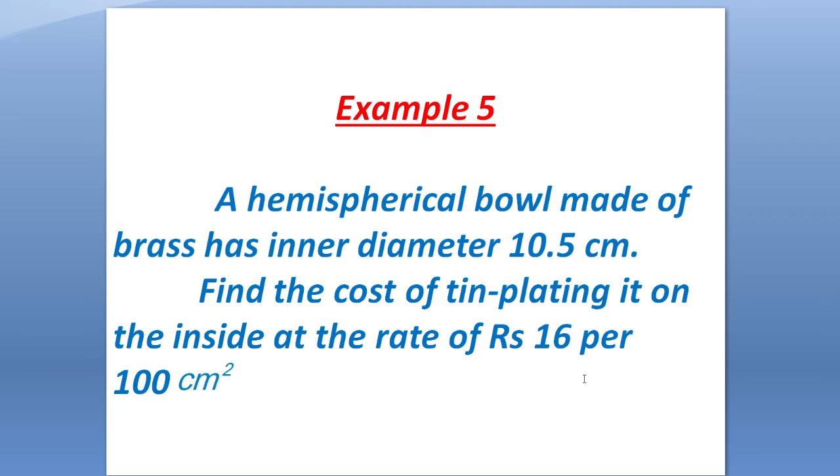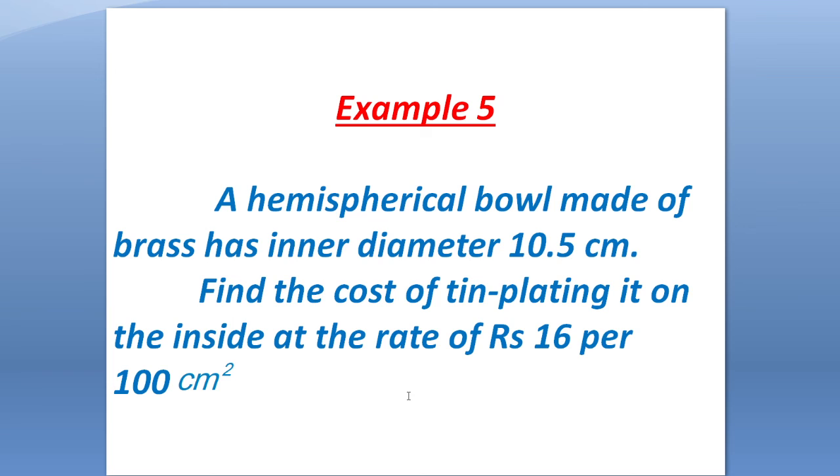Example number 5. A hemispherical bowl made of brass has inner diameter 10.5 centimeter. So it is inner diameter. Find the cost of tin plating it on the inside at the rate of rupees 16 per 100 centimeters square.